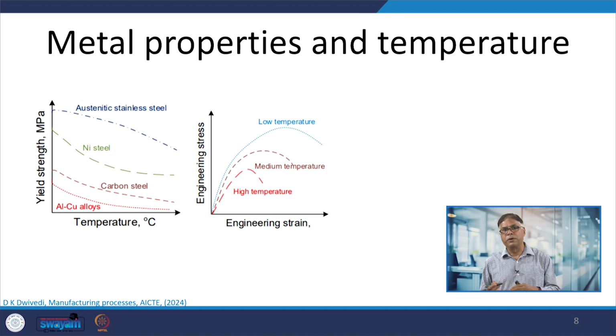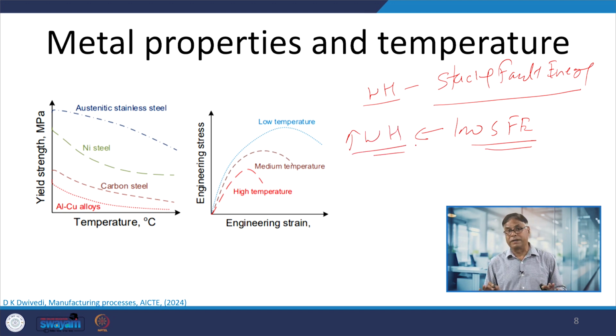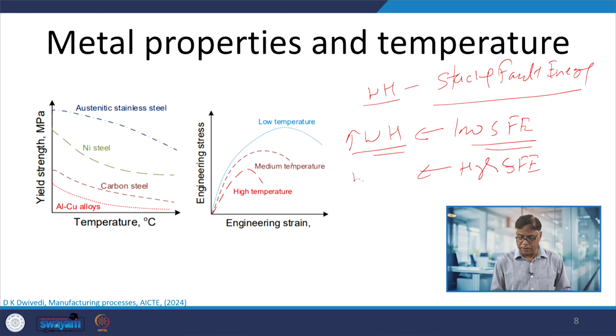But all metals do not respond in the same way. Say, the work hardening of different metals is not the same. For the same plastic deformation, the increase in strength, yield strength and hardness will be different, and that is primarily governed by the stacking fault energy associated with that particular metal. Metals having low stacking fault energy show greater work hardening and strain hardening tendency, and those which have high stacking fault energy do not show much work hardening tendency.